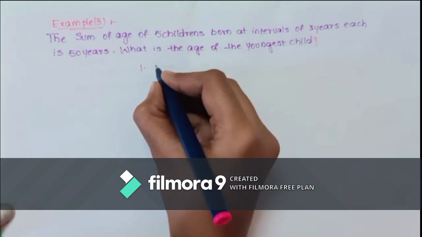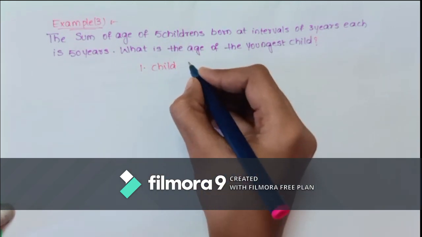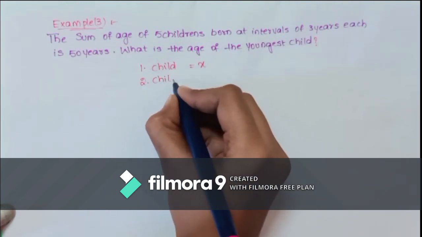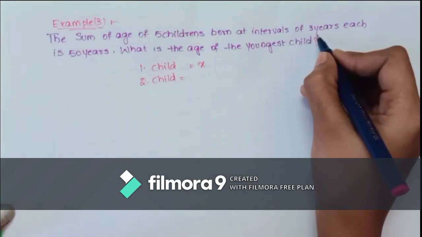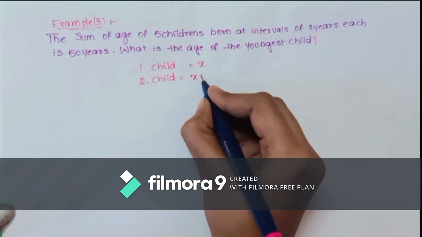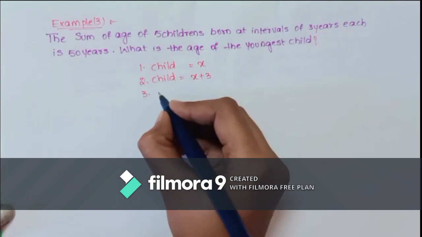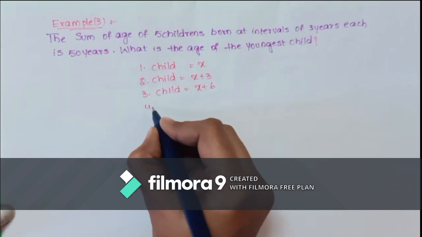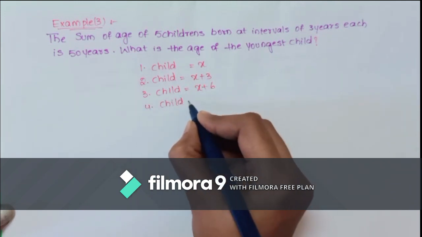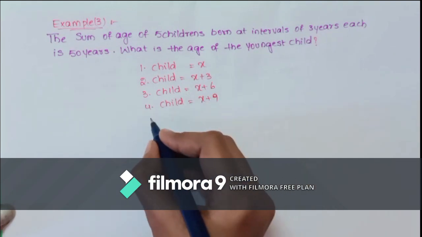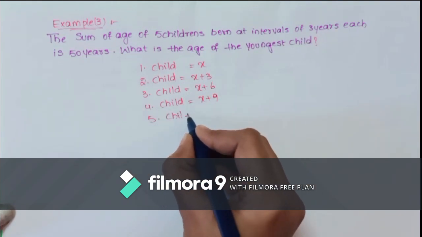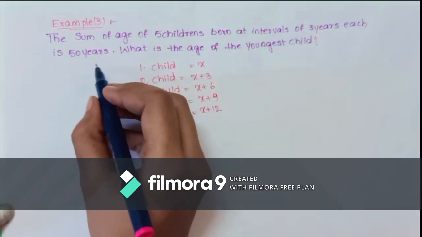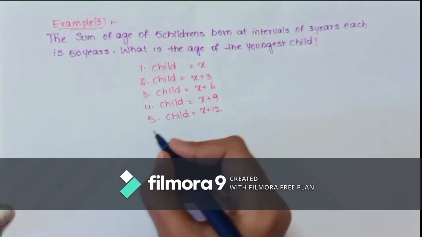Now for child 1 is x, child 2 they told interval of 3 years, x plus 3. Third child with 3 interval plus 6. Fourth child with 3 interval plus 9. Fifth child with 3 interval x plus 12.